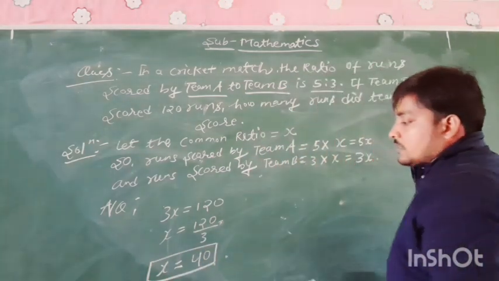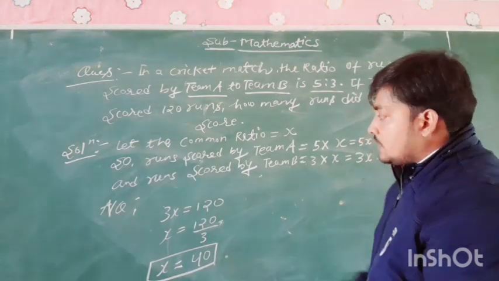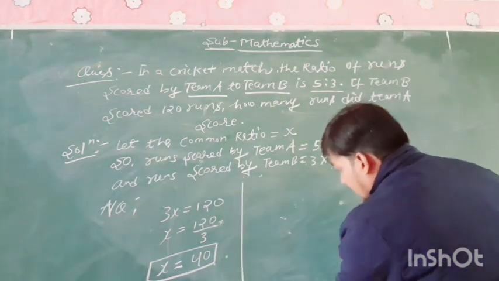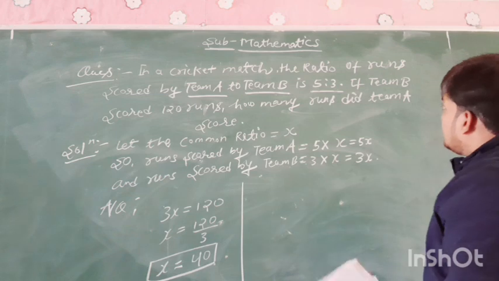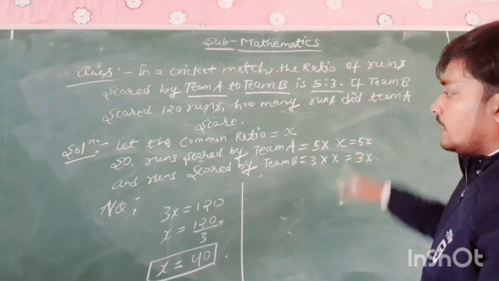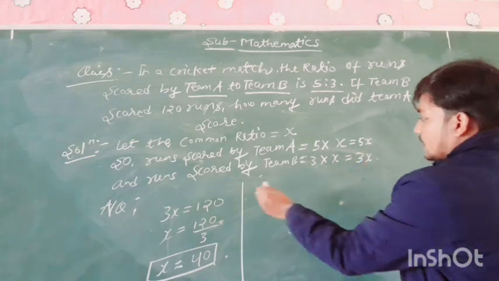So the value of the common ratio is 40, and then we have to find the runs scored by team A, which is 5x.